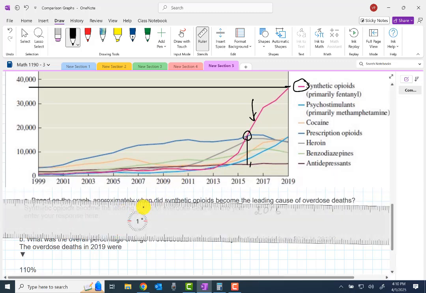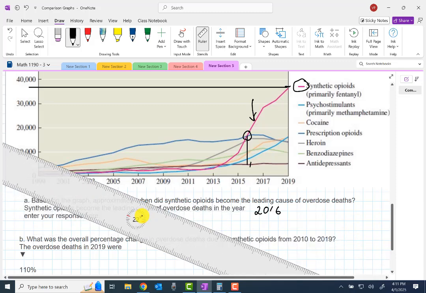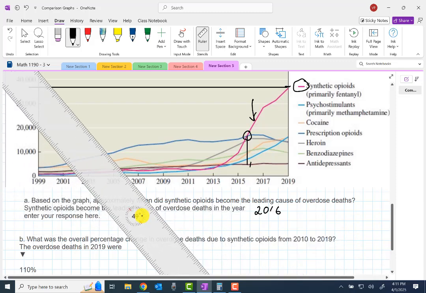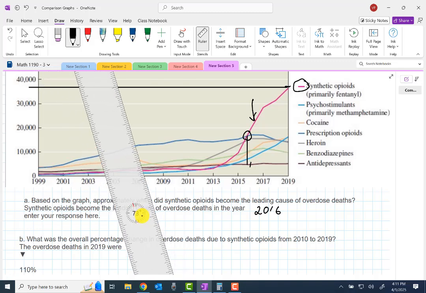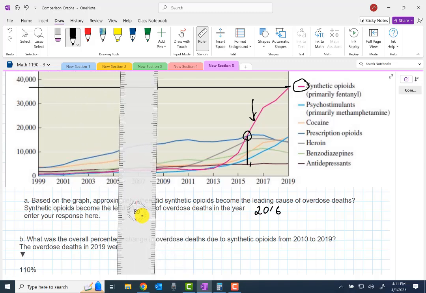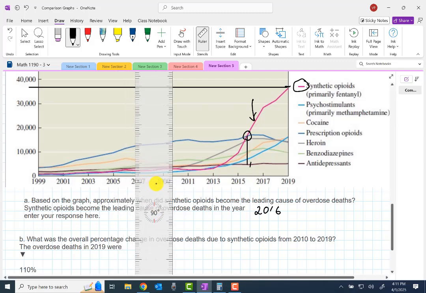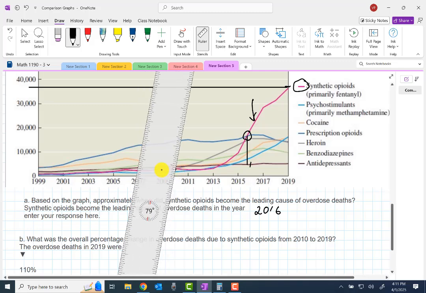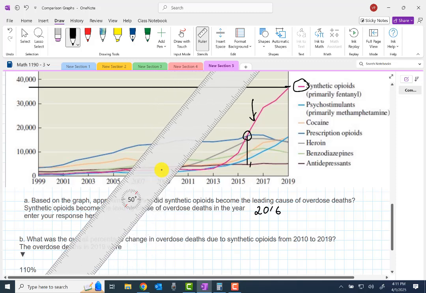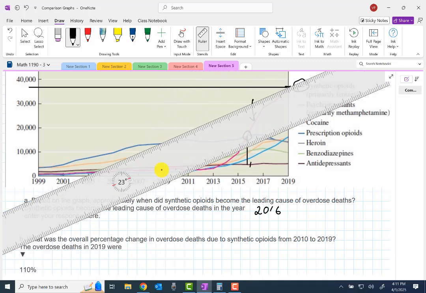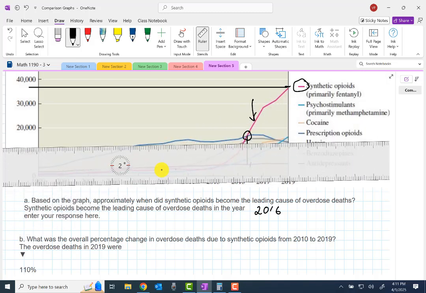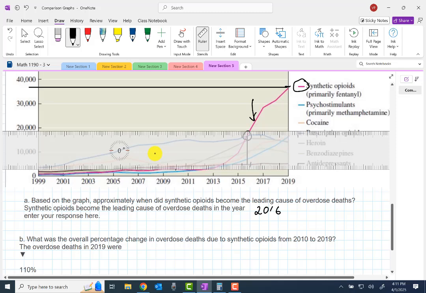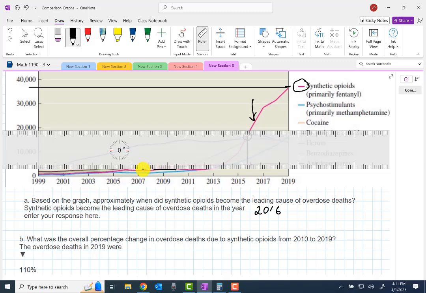Well, 2010 is directly halfway between. So you have to do these with a grain of salt. You're not going to get perfect. You can only get approximate answers in a problem like this. So right here, I'm going to put a mark, and then I'm going to angle this. Come up here, try to find the exact spot, and I'll draw a line over here.